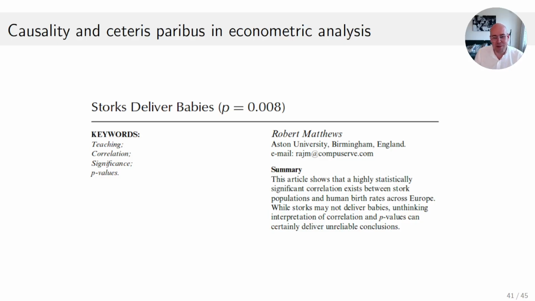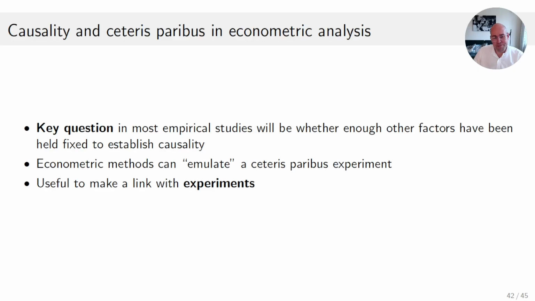There's something else going on, and if we were able to hold that something else constant in the background, then we would have a ceteris paribus analysis, and we would find an effect of the number of storks on the number of babies delivered of 0, right? So the ceteris paribus effect would actually be 0.